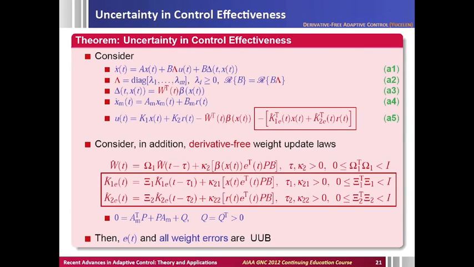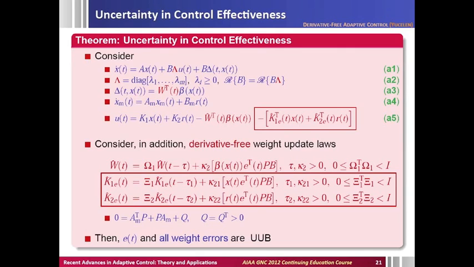In this case, since we have a single input, let's say our actuator is performing well, then let's say its performance is degraded by 50%. Then this lambda is a scalar for single input systems, its nominal value is 1, and when we have a 50% reduction in the control effectiveness, its uncertain value becomes 0.5.